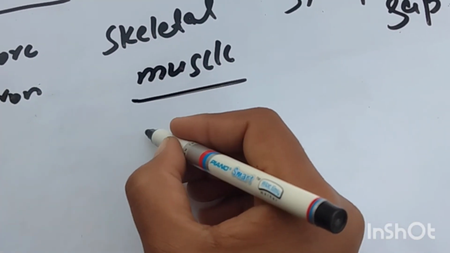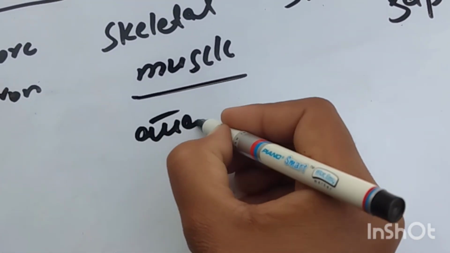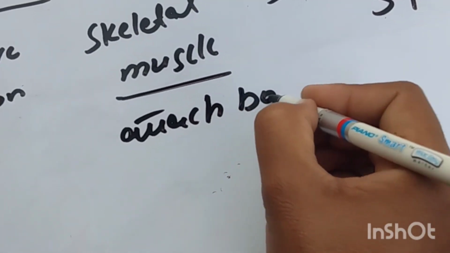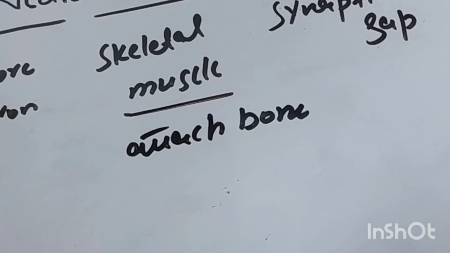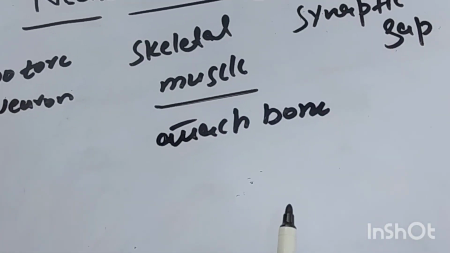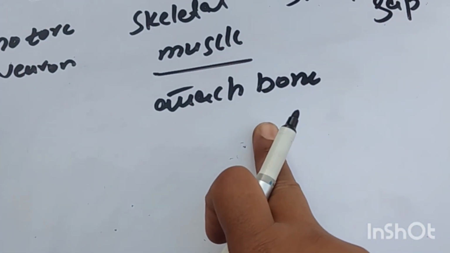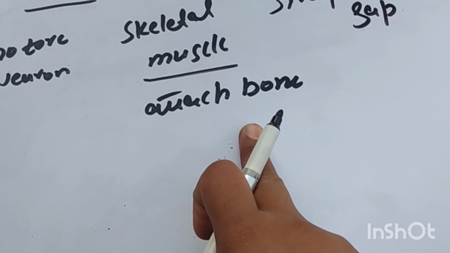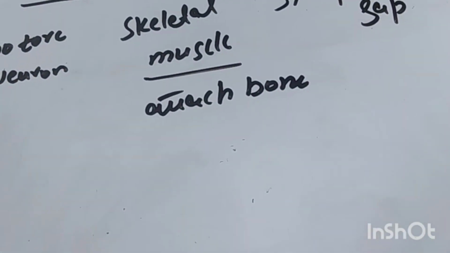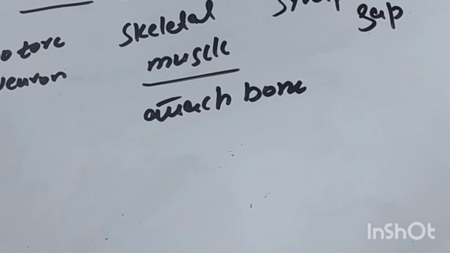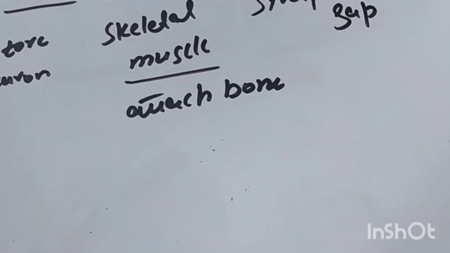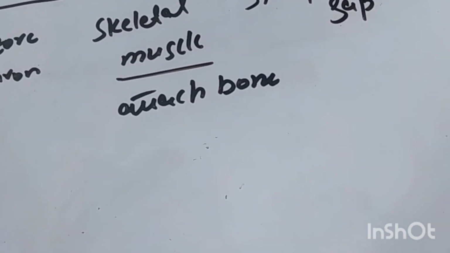Skeletal muscles are the muscles which attach to our bones. The motor neuron contracts our skeletal muscles, and due to this contraction we pull our hand from a hot or cold place, we pull our foot from a dangerous place.